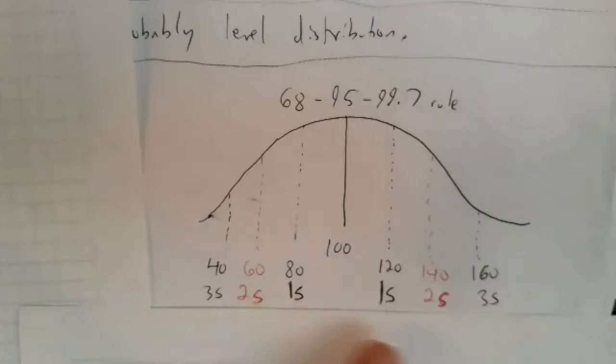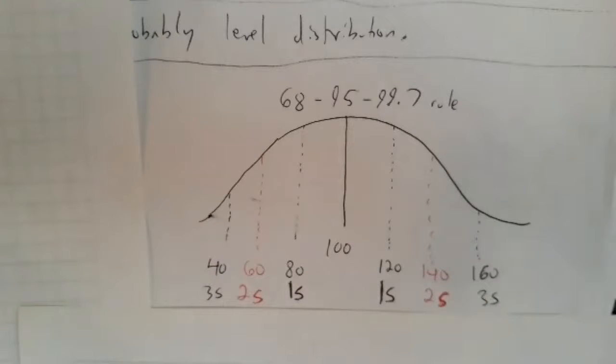If I want to do one standard deviation, I have to add and subtract 20. If I want to do two, I add and subtract 20 again, or I add and subtract 40, whatever way you want to think about it. Each one of these should go by 20.